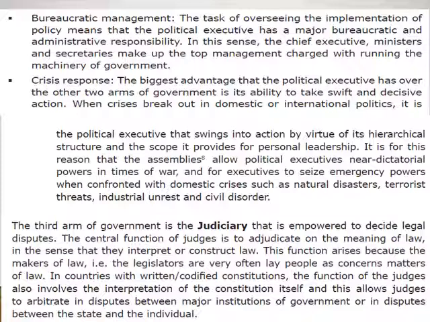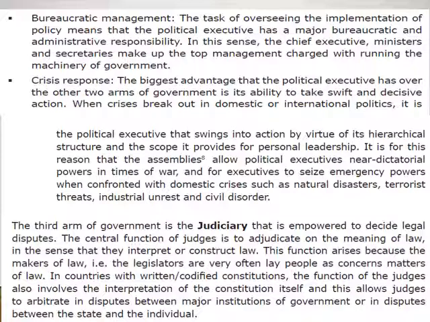The biggest advantage that the political executive has over the other two arms of government is its ability to take swift and decisive action when crises break out in domestic or international politics. It is the political executive that swings into action by virtue of its hierarchical structure and the scope it provides for personal leadership.